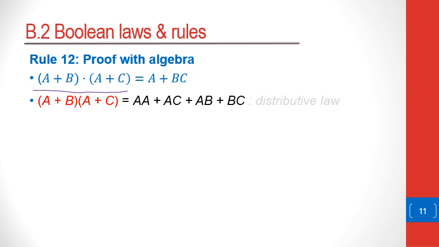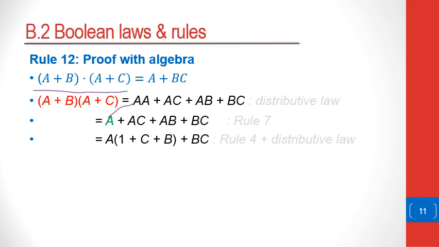If you distribute those two brackets, the next thing is to use rule number 7 to show that A and A is simply equivalent to A.